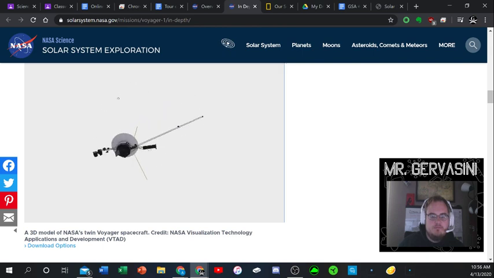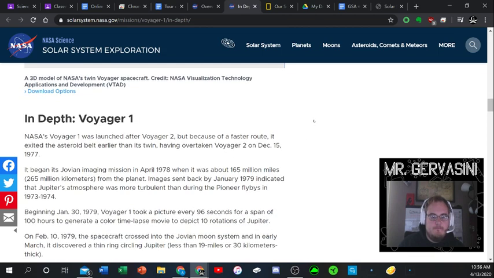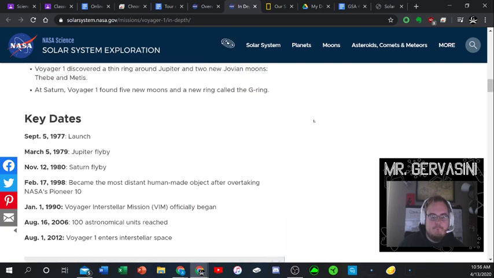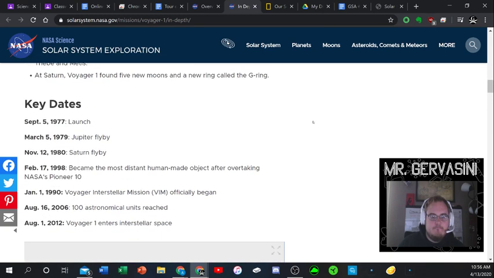Kind of its appearance there. Large antenna, dish pointed back at Earth. Actually passed one of the earlier probes sent to the outer solar system, Pioneer 10 and 11.